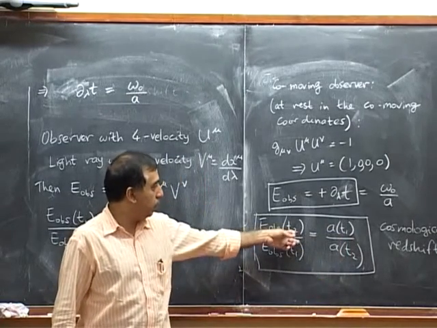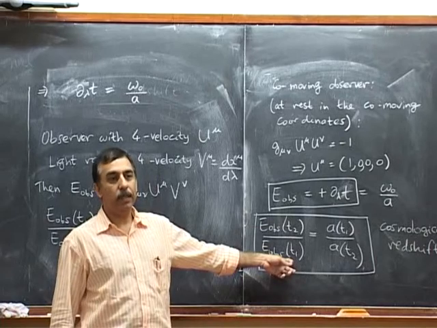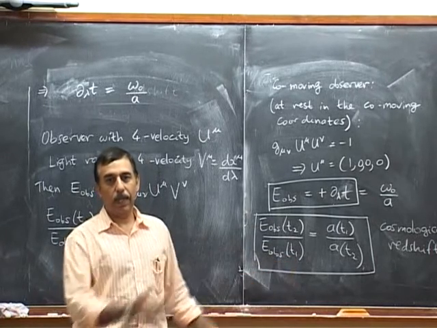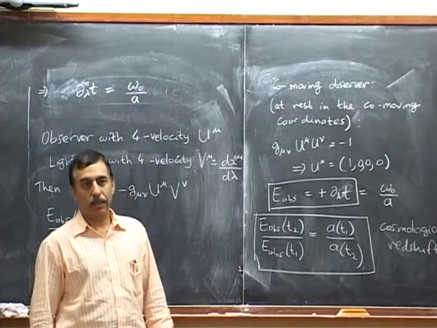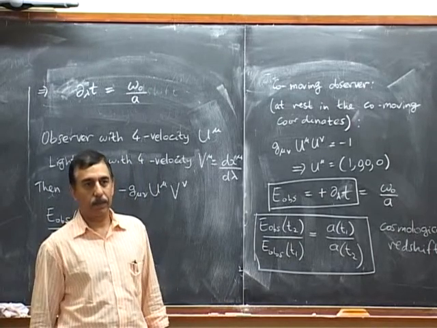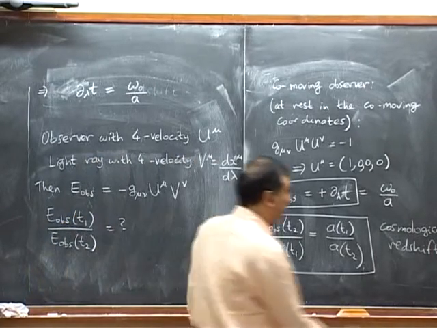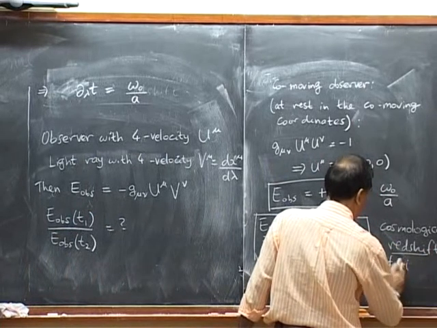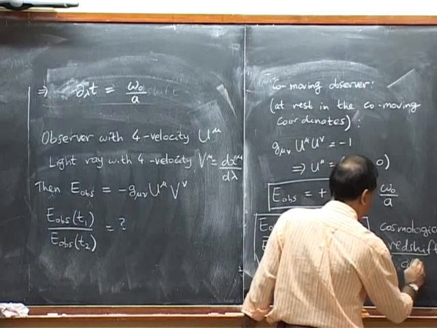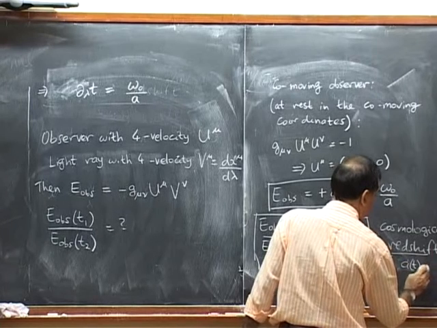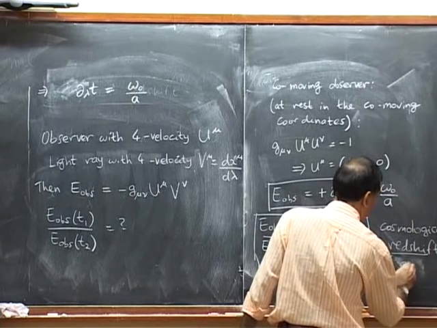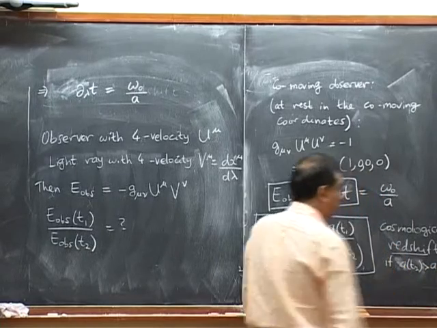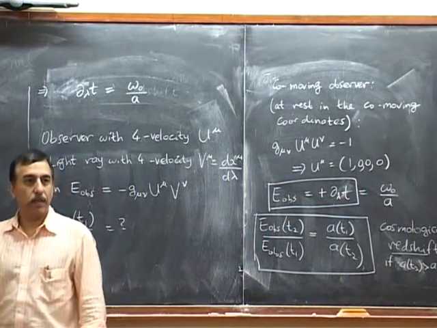That means the energy observed today is less than the energy that was emitted by the emitter, which means that the light ray has been shifted down to the red end of the spectrum. Frequency has decreased. So redshift, if A of t2 is greater than A of t1. If the universe was contracting, then it would be a blue shift.